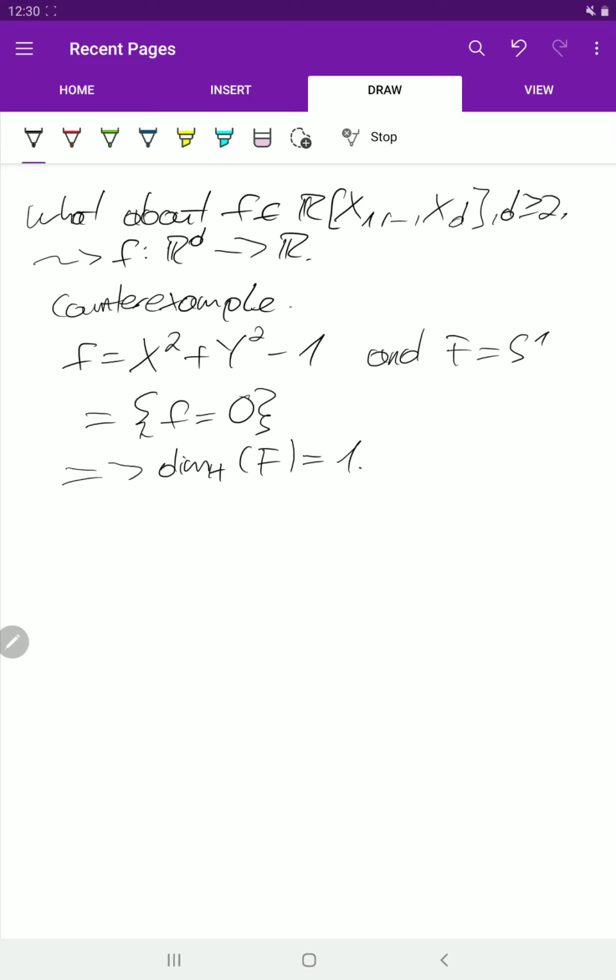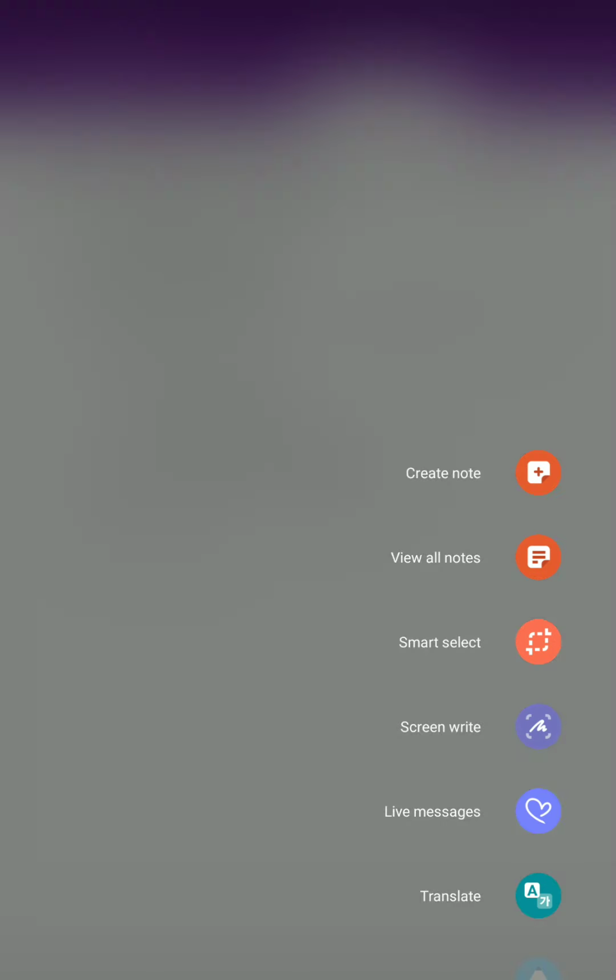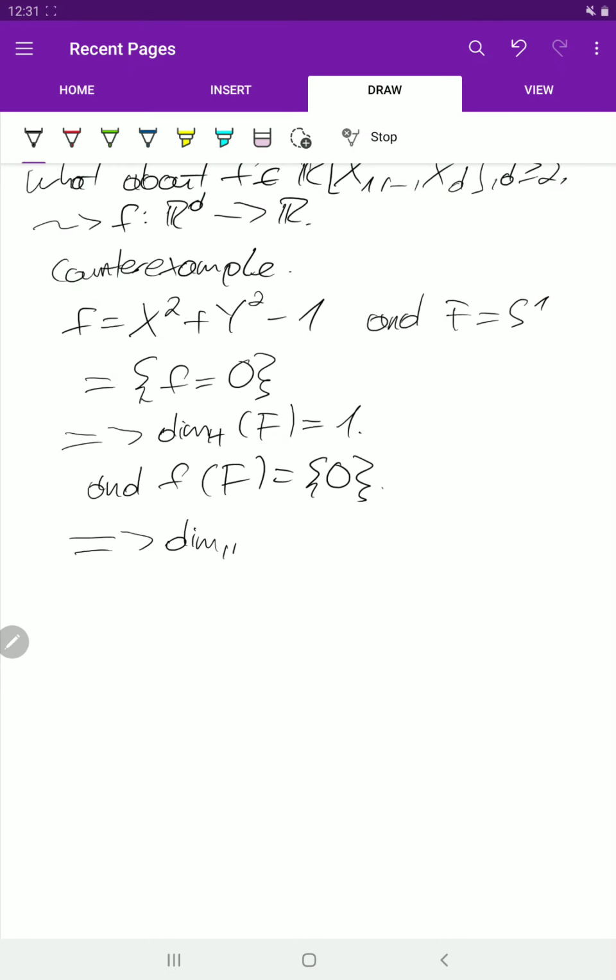So that's good. So this has dimension 1, and well, now it becomes easy. The image is just the 0 point, and this means that the Hausdorff dimension of the image is also 0.